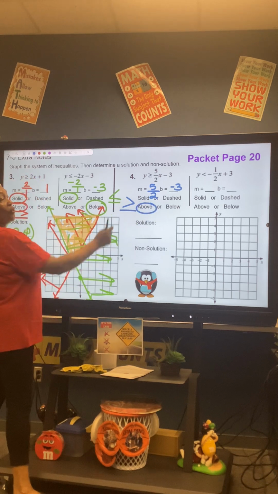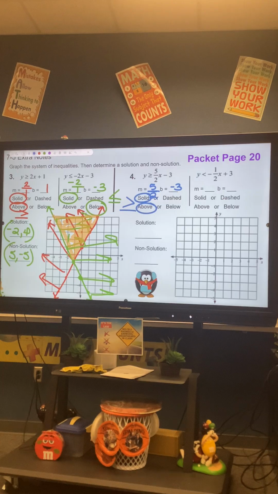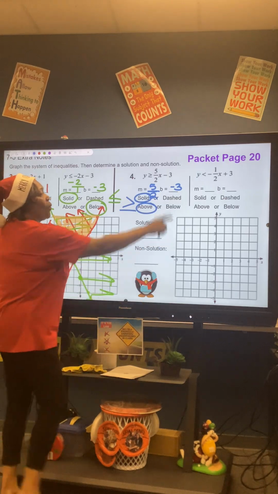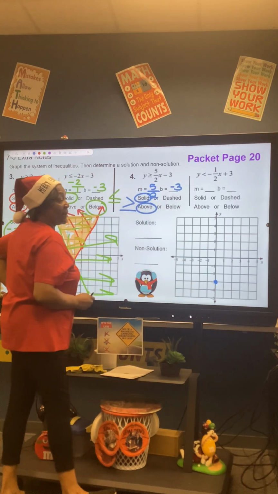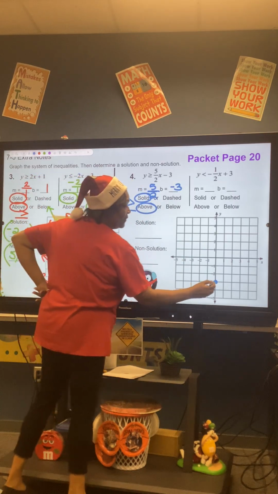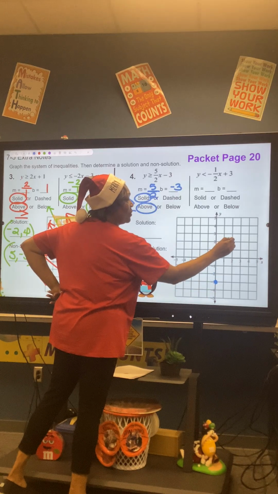It is equal to, means I'm doing a solid line. So I am going to go to my y-intercept, which is a -3. I'm going to make my moves. I'm going up 5 because it's positive. 1, 2, 3, 4, 5, and 2 to the right.